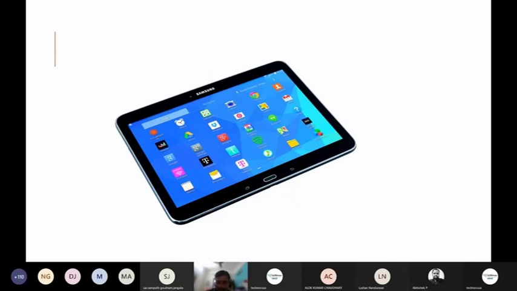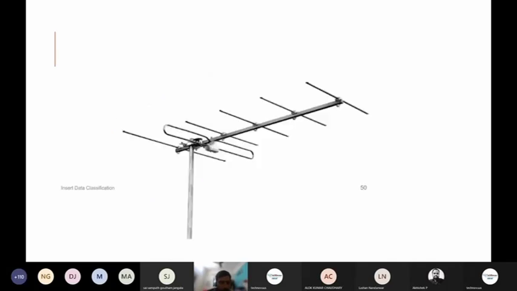Digital pencil, right? Very good. We have that in the market anyway. Stylus. Somebody says stylus. Very good. Excellent.